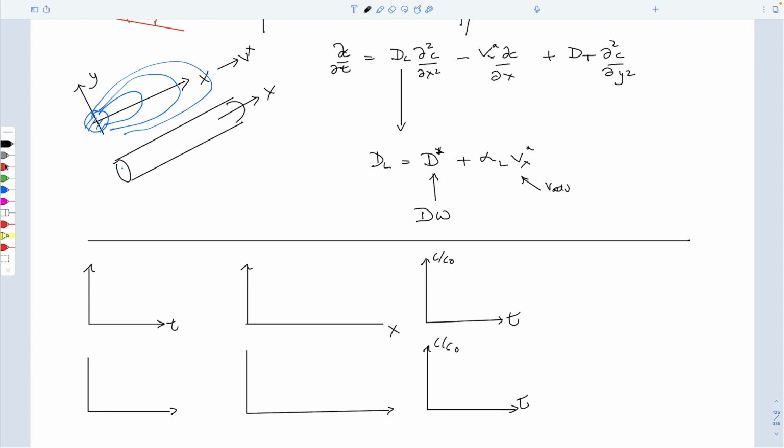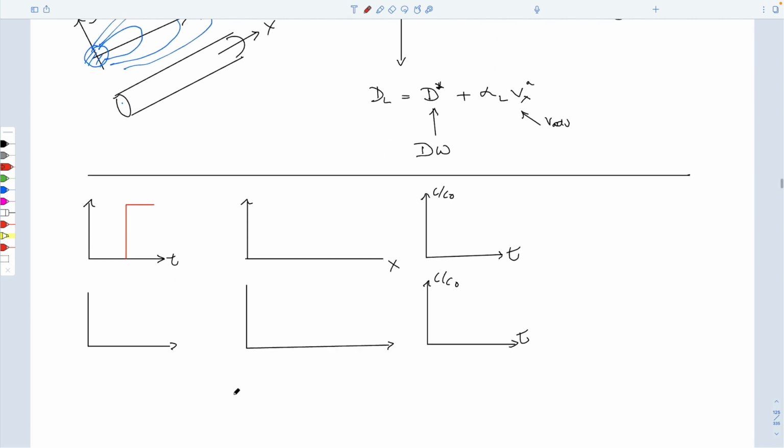And that was that our input function looks like this. This is our core. Our distribution looks like this.